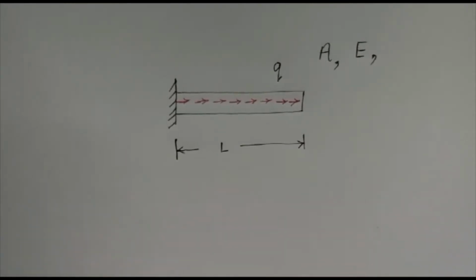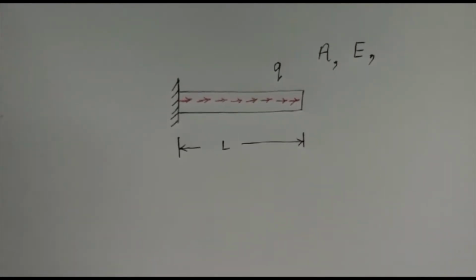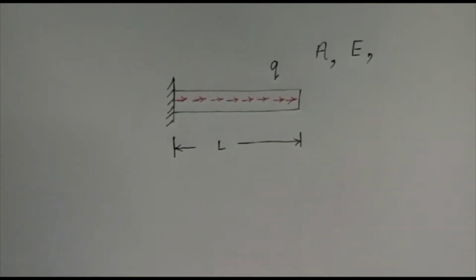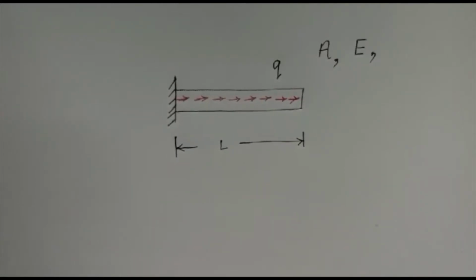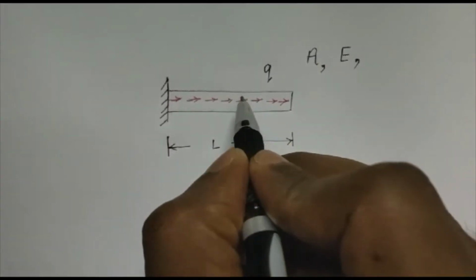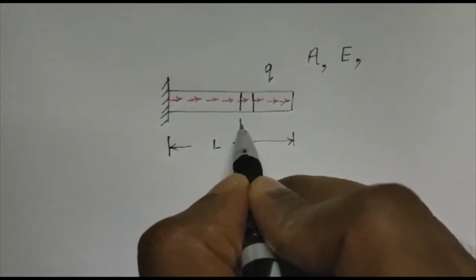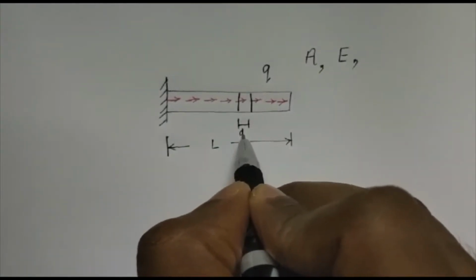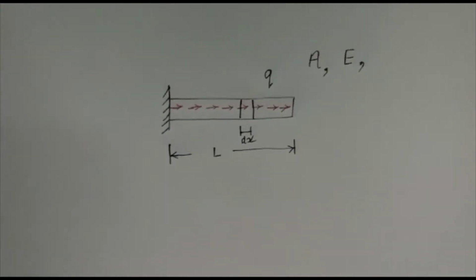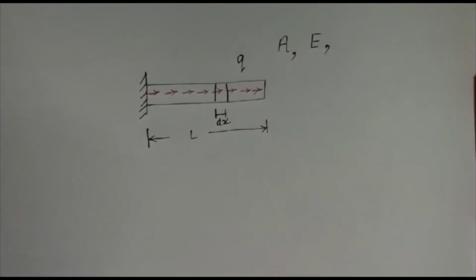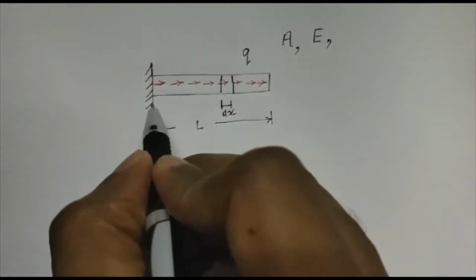That's the meaning. Now what I'm going to do is consider a small structure. I'm going to localize my attention on a small structure here of length dx at a distance x from the left hand side.